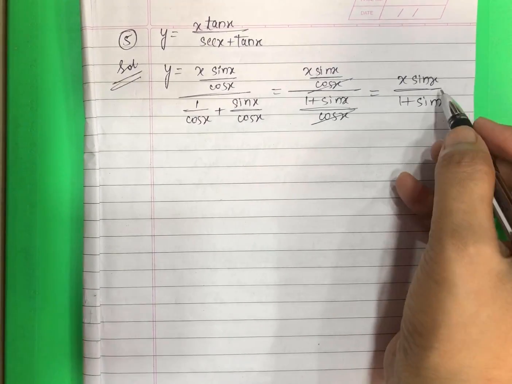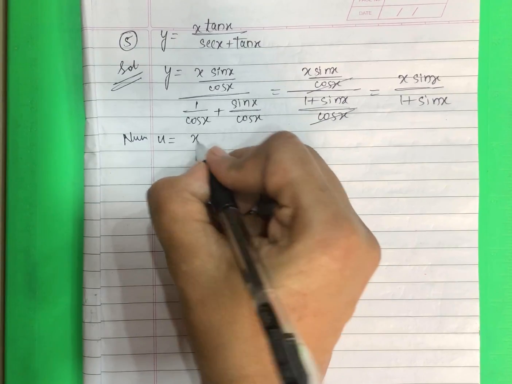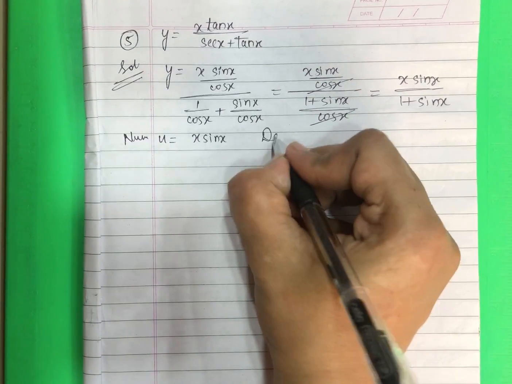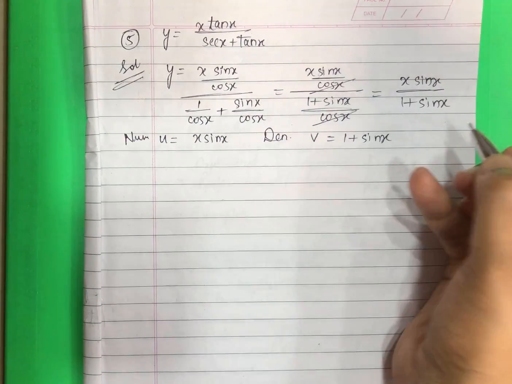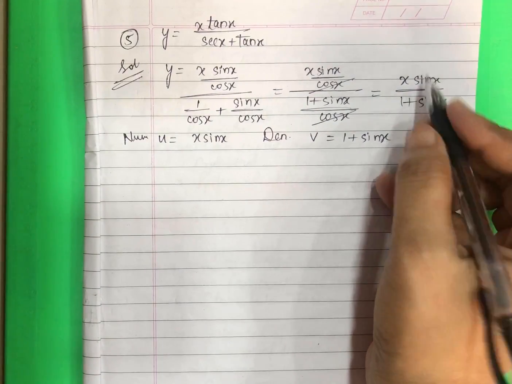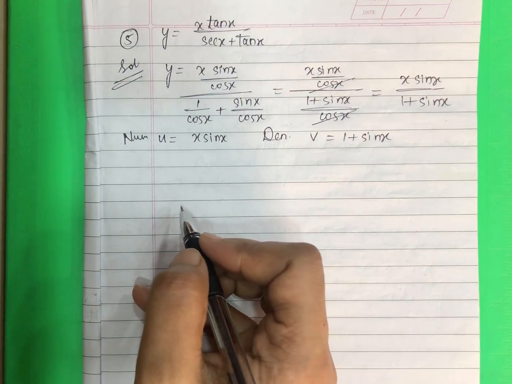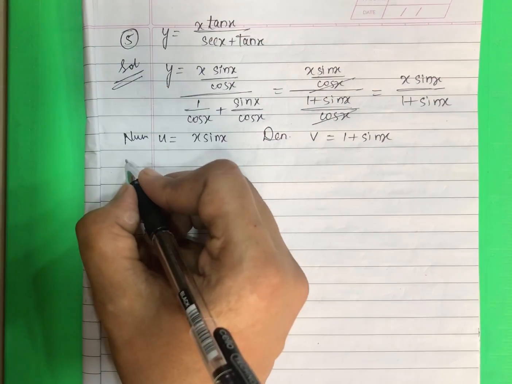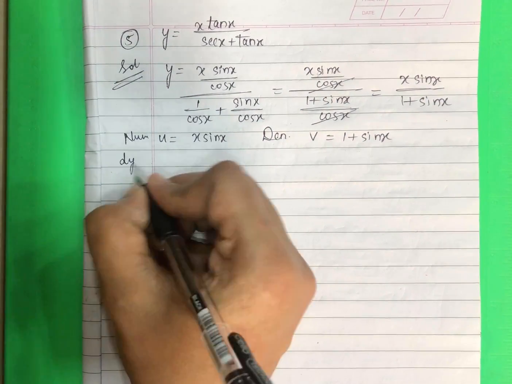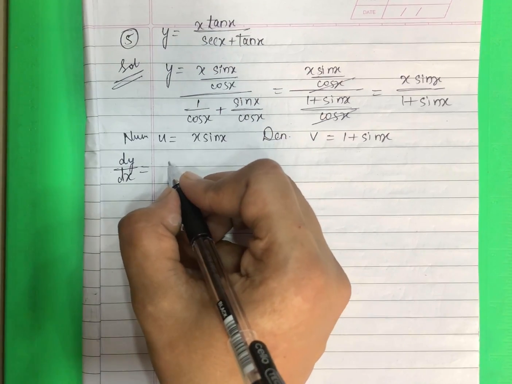Now consider the numerator, that is u, that is x sin x, and the denominator, that is v, that is 1 plus sin x. In order to differentiate this, we need to write down u and v, because we are using the formula of u upon v. Now this value is dy by dx. We are differentiating by using the formula of u upon v.